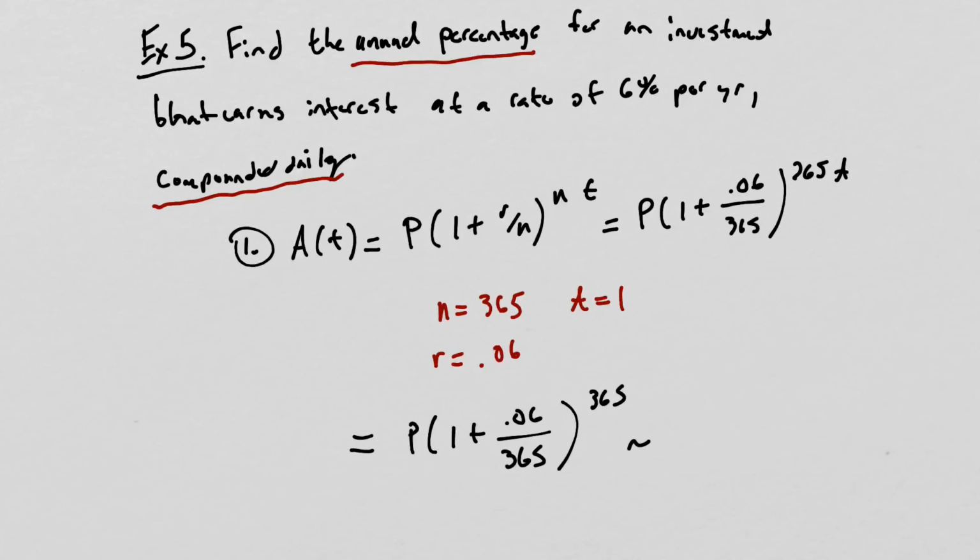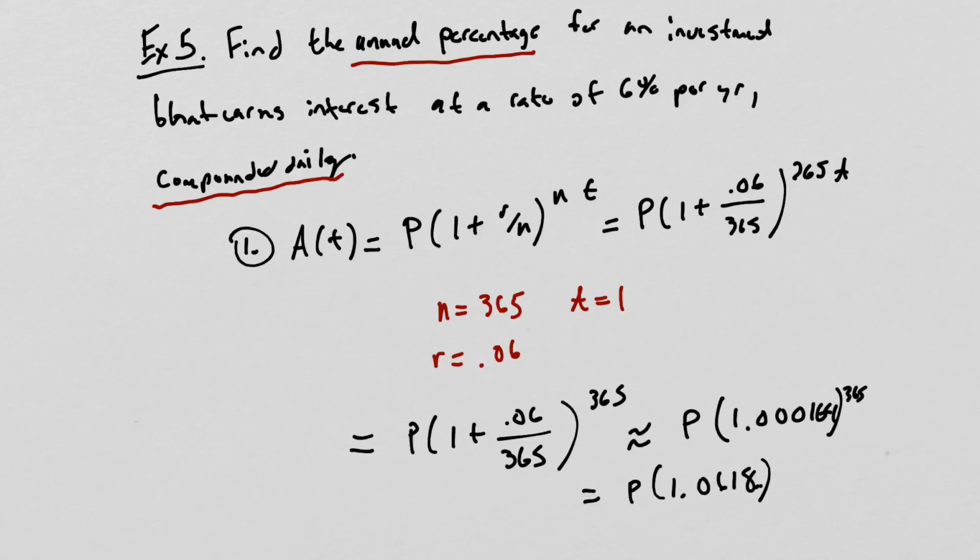Simplifying this using a calculator, we're going to get that our parentheses 1 plus 0.06 divided by 365 is going to be equivalent to 1.000164 raised to the 365. And raising this term to 365, this is going to be approximately P times 1.0618, and so on and so forth.